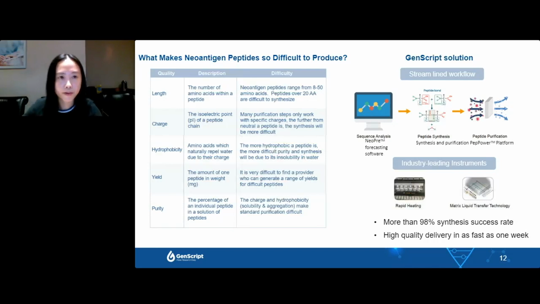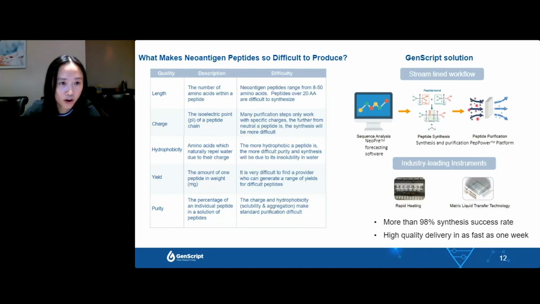So it's very important, but actually it's not easy to be produced. And the reason is listed here. We'll consider the length, the charge, hydrophobicity, yield, and purity. So for neoantigen peptides, if it's over 20 amino acids, it's difficult to synthesize.